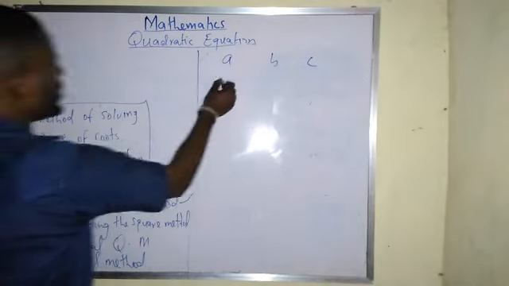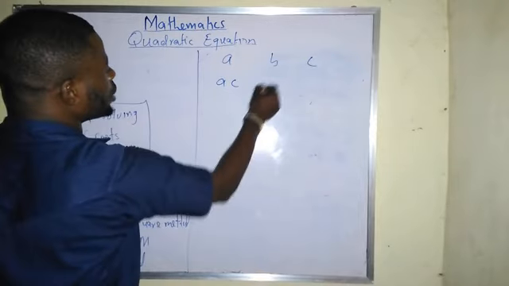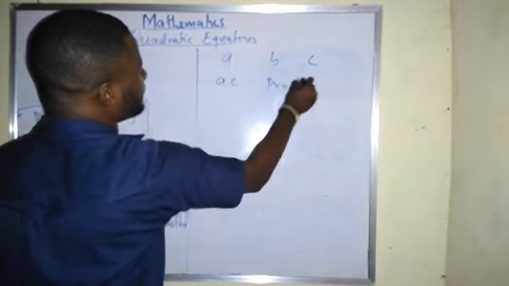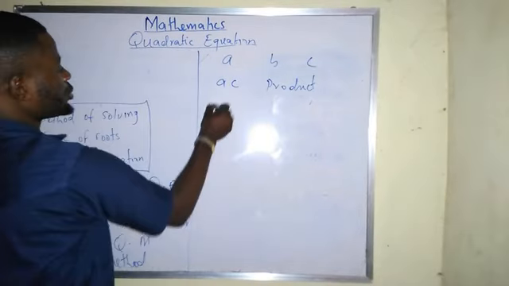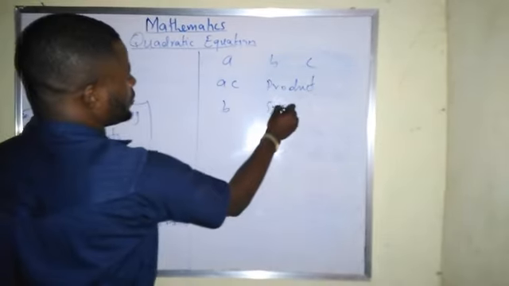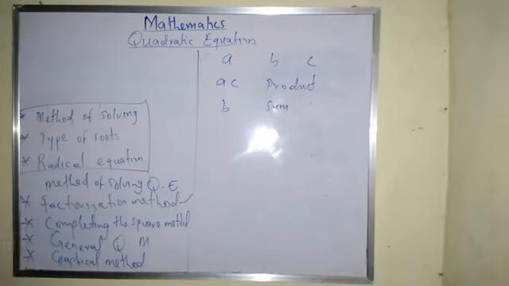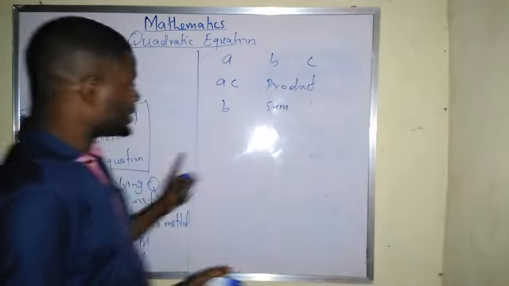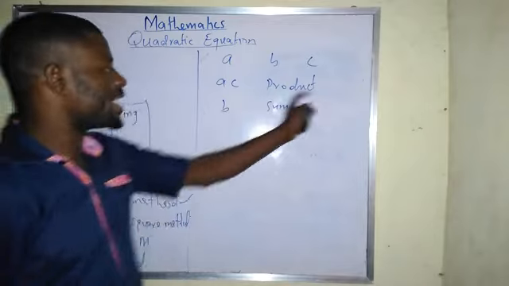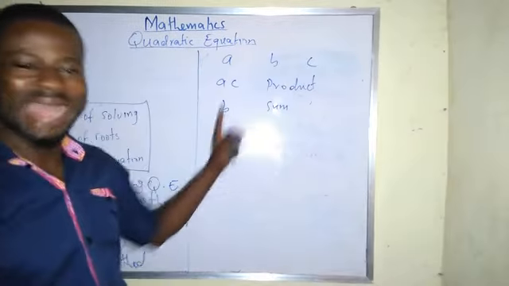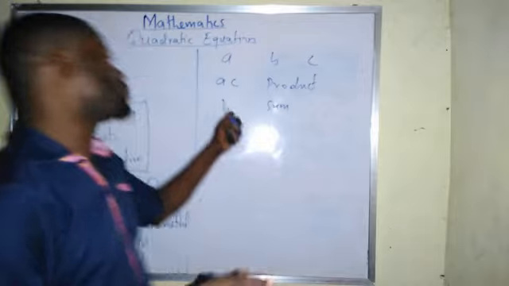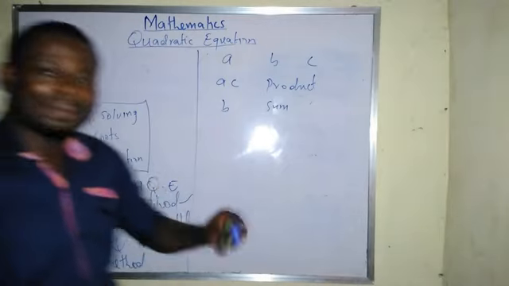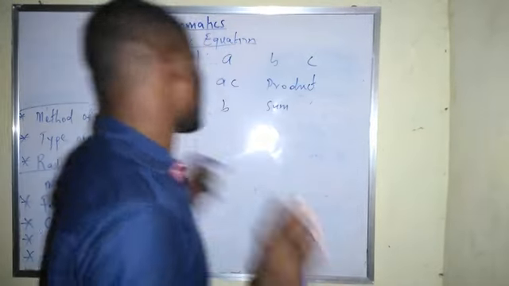When a, c is the product of this, and this is the sum, b will be the sum. Very, very important. It means I must get two numbers that, when I multiply them together, give me ac, and the same numbers when I add them give me b. Once I can get that, I'm good to factorize.